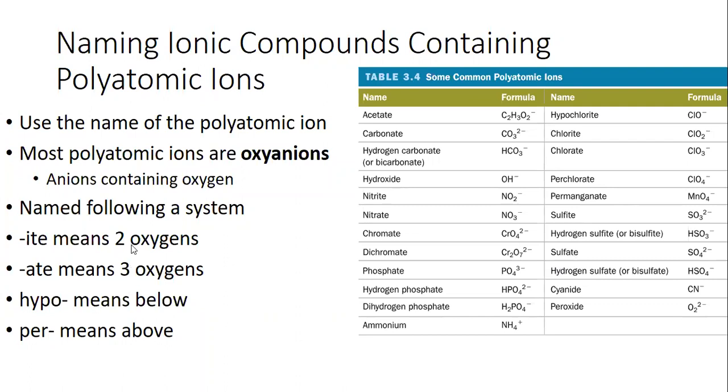Sulfite doesn't follow the 3 and 2 oxygens really. Cyanide doesn't really follow a pattern, or peroxide. So yeah, the names are horrible for polyatomic ions, unfortunately.